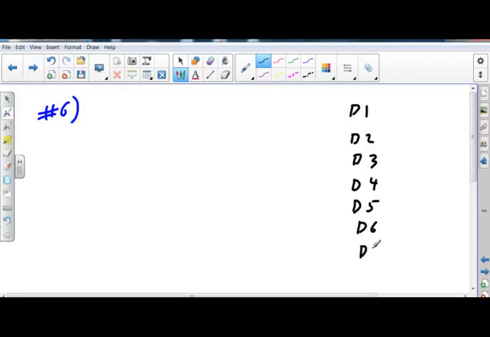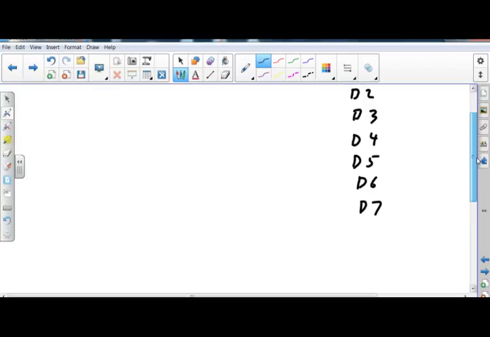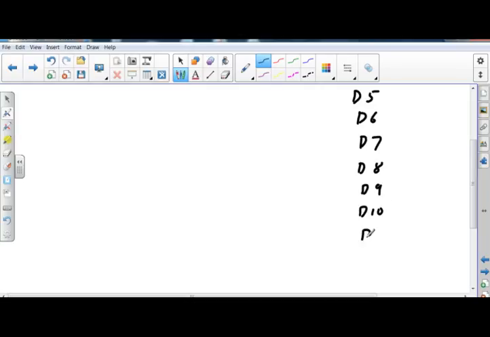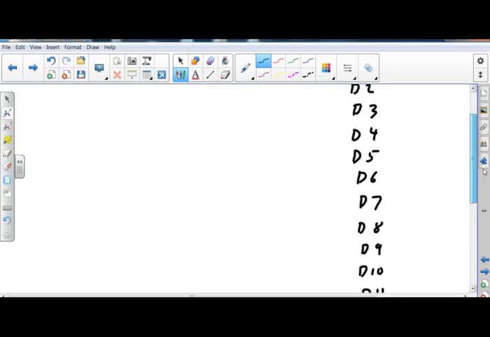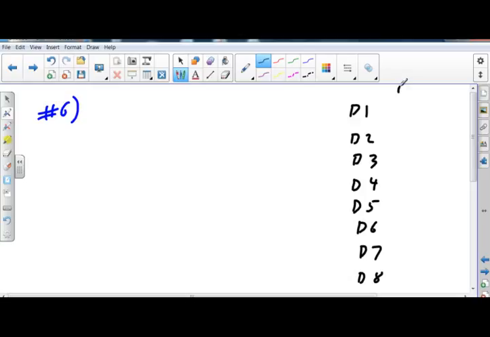D6, D7, up to D13. D8, D9, D10, D11, D12, D13. Okay, so those are the answers we're looking for. And we're looking for forward, reverse. That's all we're looking for.